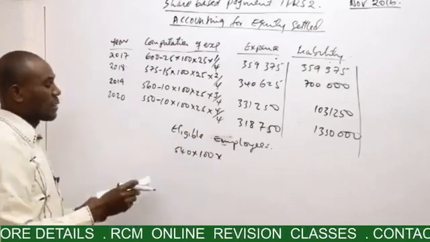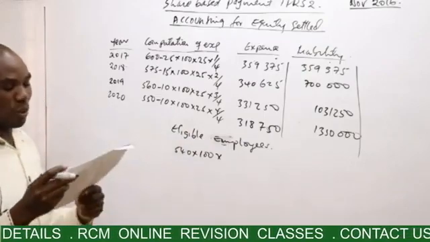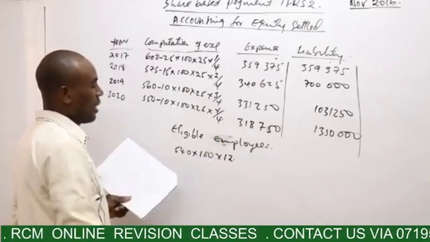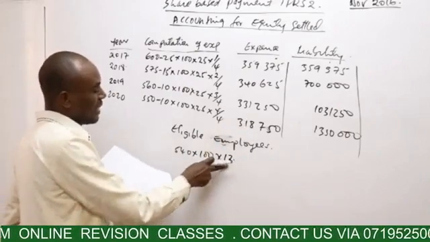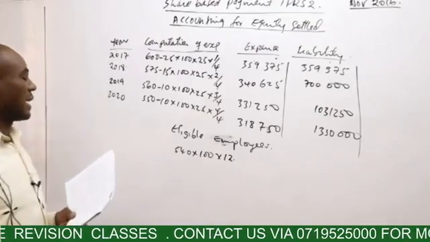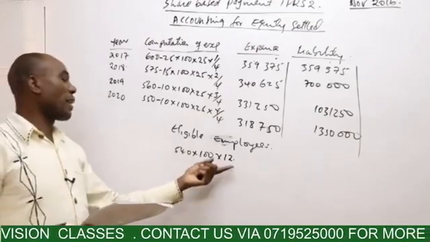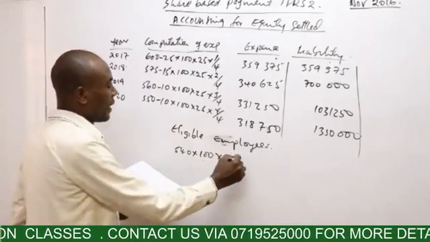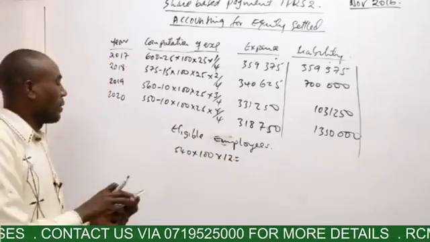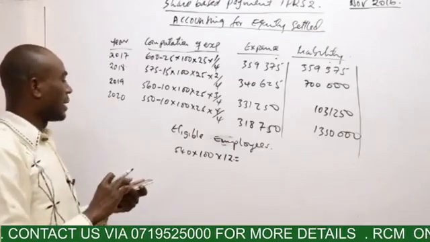the exercise price. Now, on exercise, you use the exercise price, and our exercise price is shillings 12, but the par value is 6. Therefore, when we come to the journal entry, you debit bank with what we are receiving here. How much are we receiving, good people? 540 times 100 times 12.